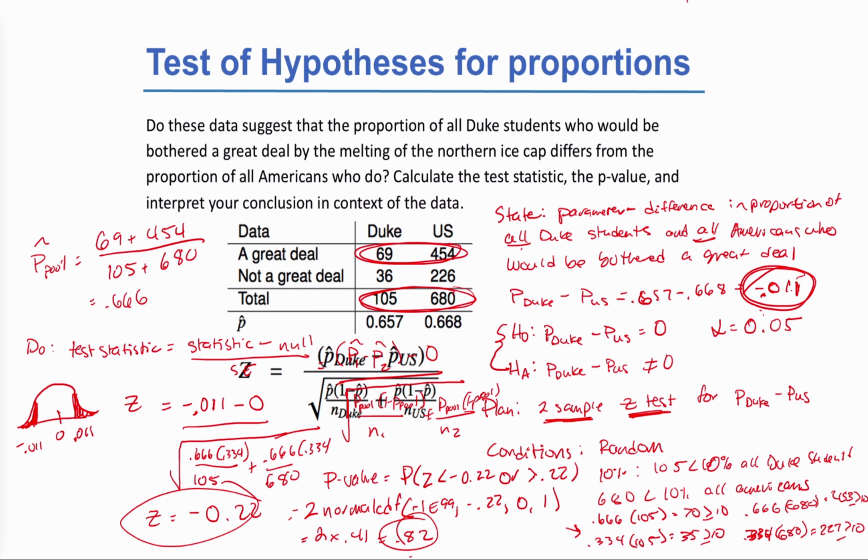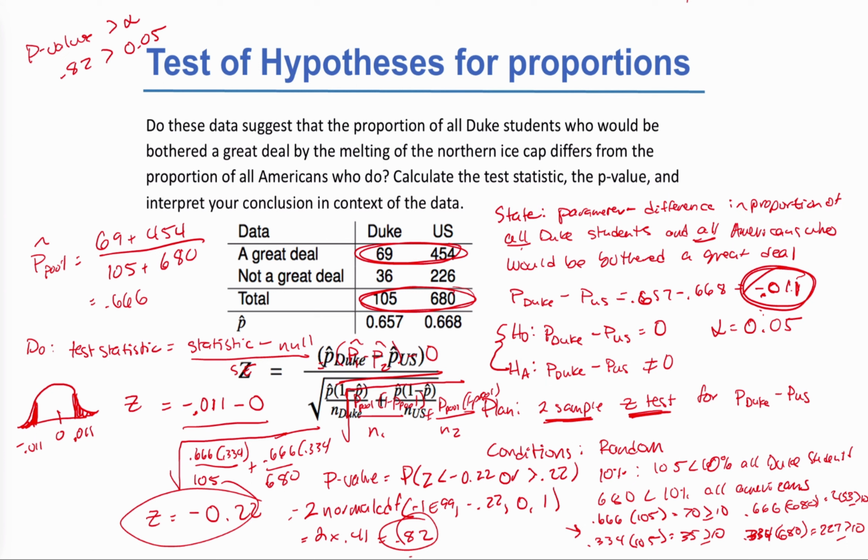So, what do we conclude? Our p-value of 0.82 is greater than our alpha of 0.05. So, assuming that the null is true, that there's no difference in the proportions, there's a 0.82 probability of getting a P Duke minus P US of negative 0.011 or lower, or positive 0.011 or greater purely by chance.